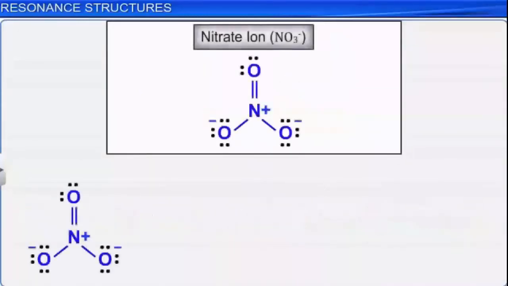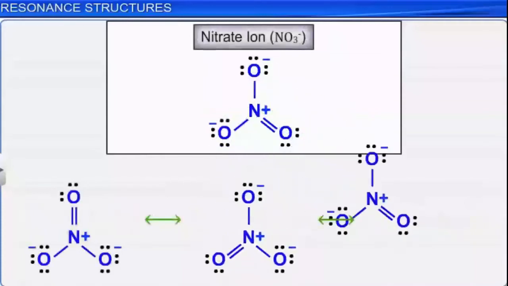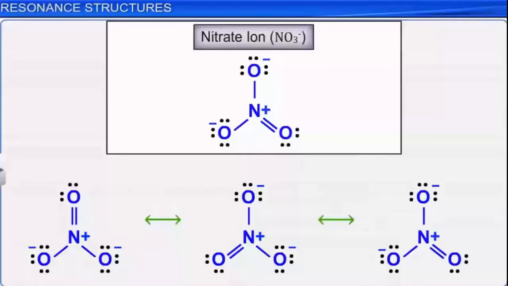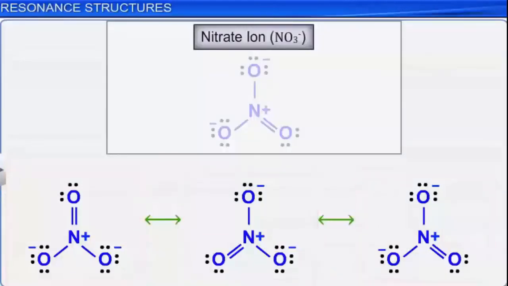Similarly, we can represent the nitrate ion by the three following Lewis structures. In each structure, there is one nitrogen-oxygen double bond and two nitrogen-oxygen single bonds. However, experimental studies reveal that all nitrogen and oxygen bonds are found to be equivalent. Hence, the resonance hybrid of these three structures depicts the equivalent nature of nitrogen-oxygen bonds.